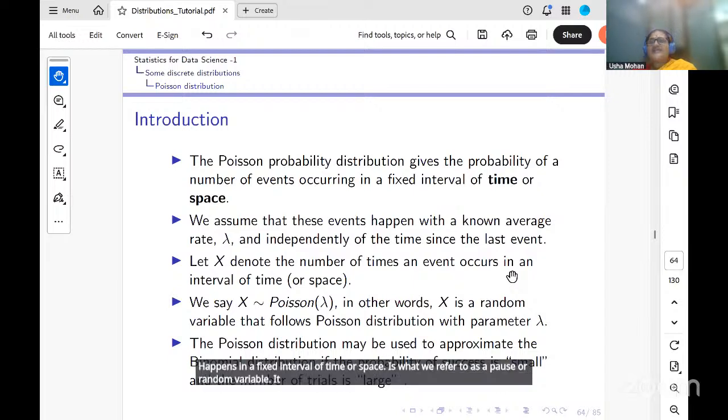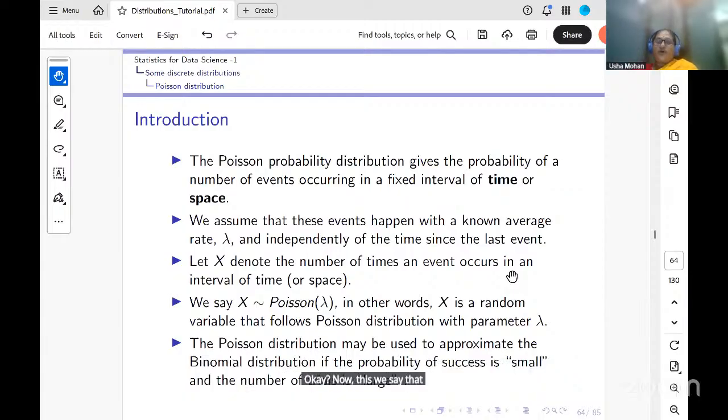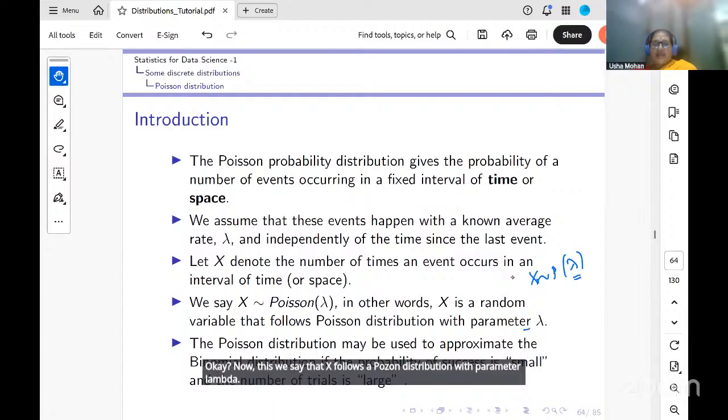It is also a discrete random variable. We say that X follows a Poisson distribution with parameter lambda, where lambda tells us the events are happening with a known average rate lambda. Is this again clear?